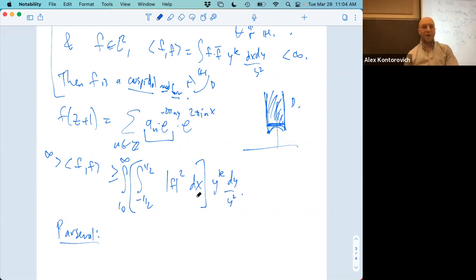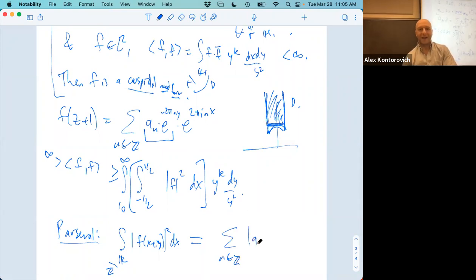Parseval says that the L2 norm in the x variable, the integral of |f(x+iy)| squared dx over R mod Z, in other words over -1/2 to 1/2, is exactly equal to the L2 norm in Fourier space, which is a sum over n in Z of |a_n| squared e to the -4 pi n y.